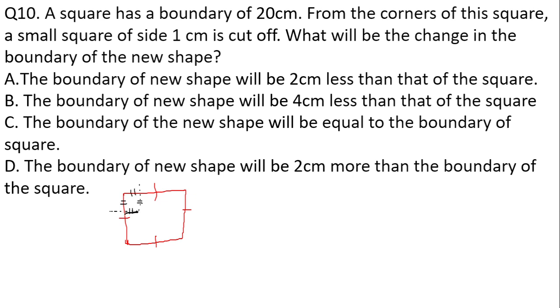If you are cutting this side and this side, this side is also going to remain the same. So the perimeter is not going to change. That is, the boundary of the new shape will be equal to the boundary of the old square. Got it? So the correct answer for the given question is option C.